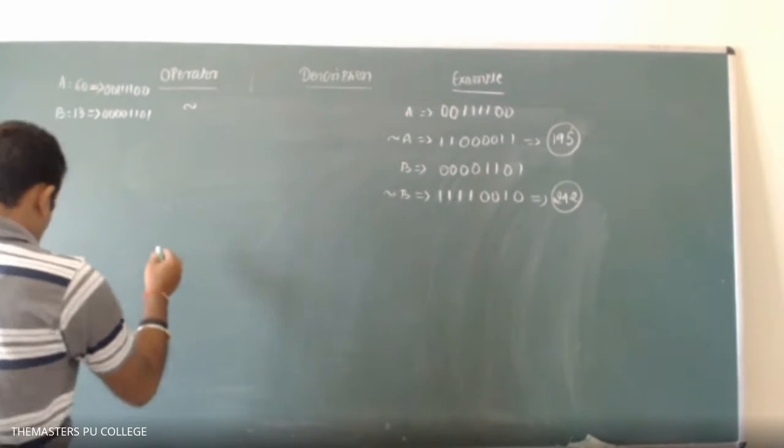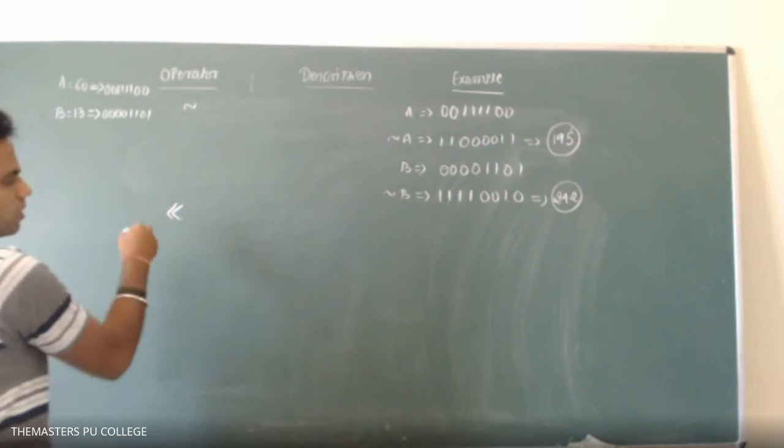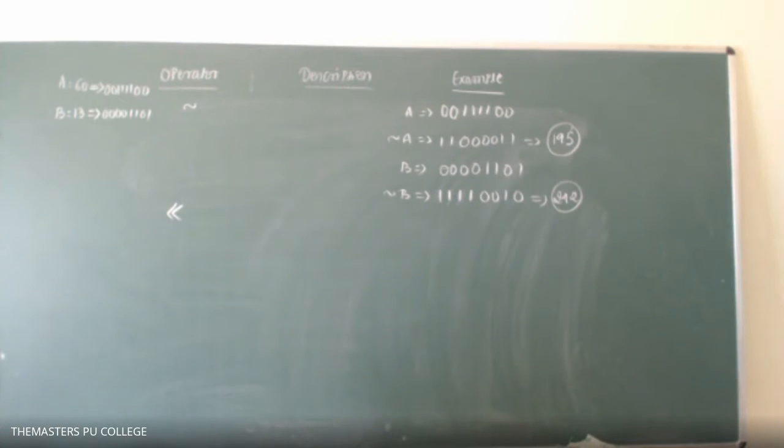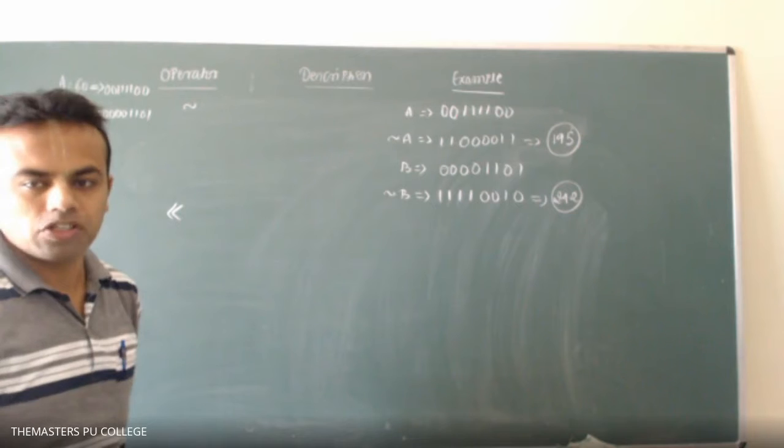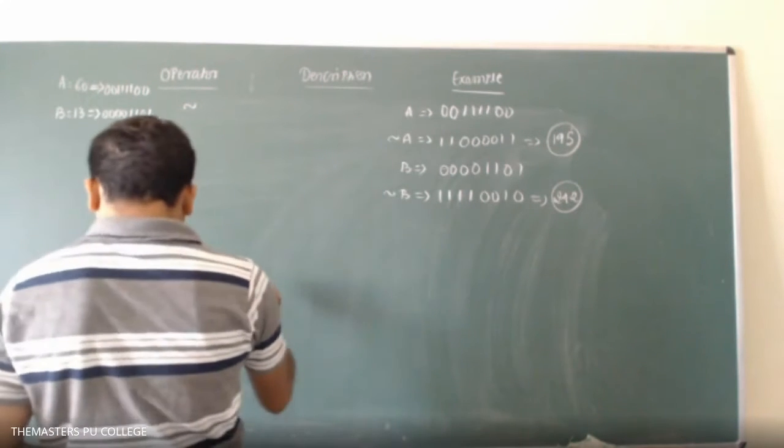Right? Okay, so we will consider now the left shift operator. This is what we call the left shift operator. So one more bitwise operator. So let us see what happens here.